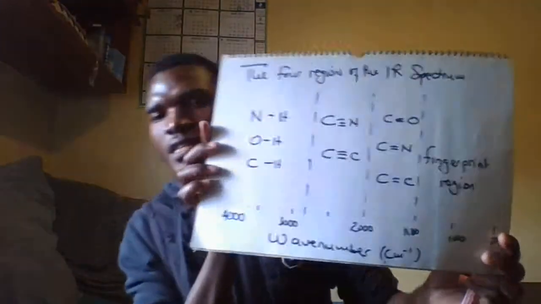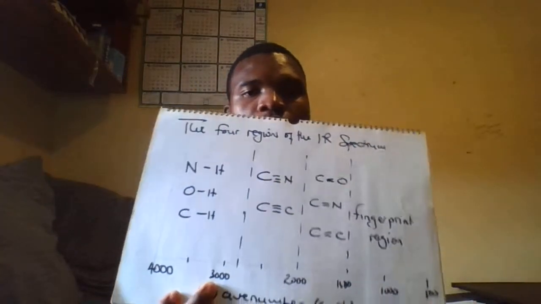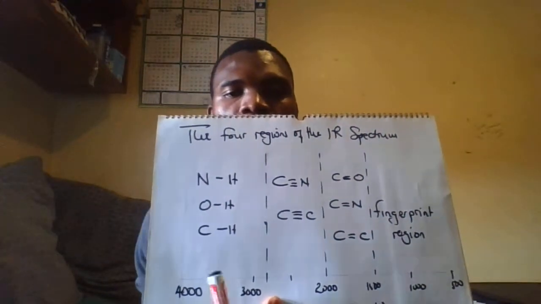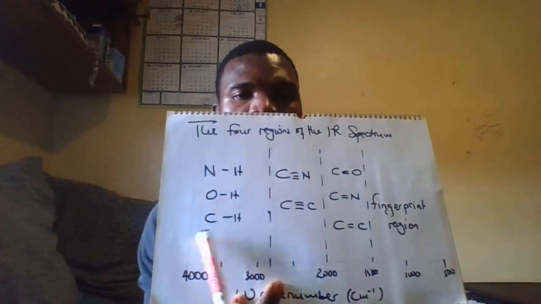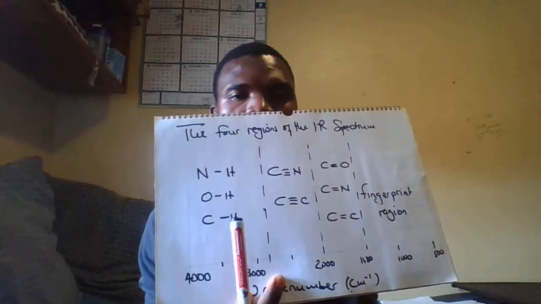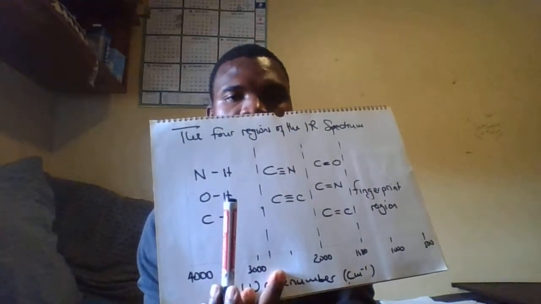So we have 4 regions of the infrared here as indicated. If you want to verify this information, you can find it in McMurry, the 8th edition of McMurry's chemistry textbook. So as you can see, we have this region between 3000 to 4000, where we expect the CH stretch, the OH stretch, and the NH stretch.